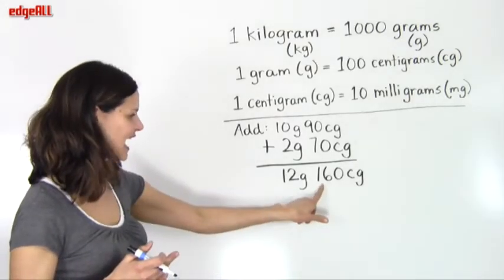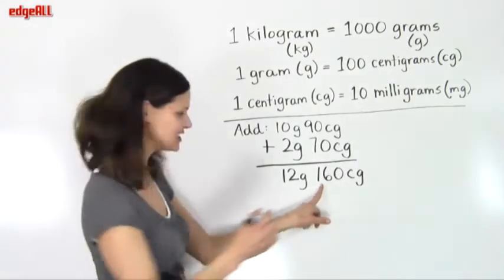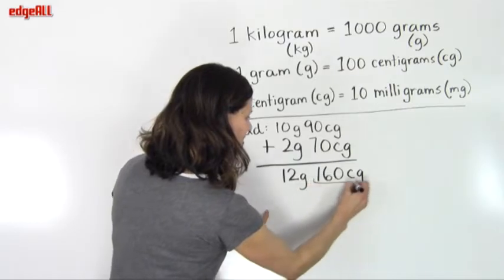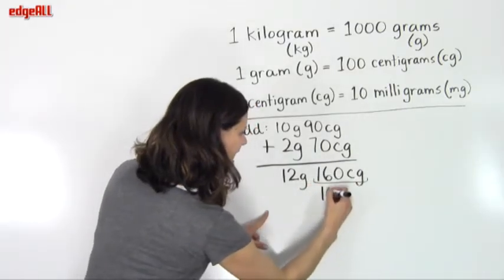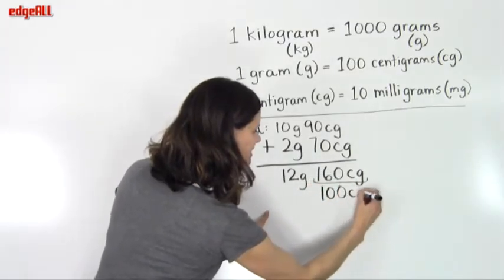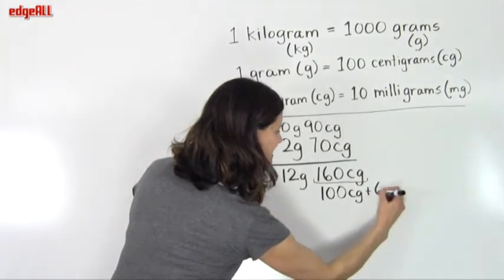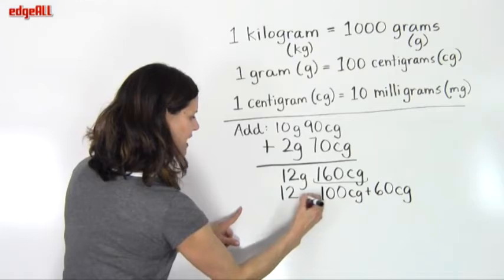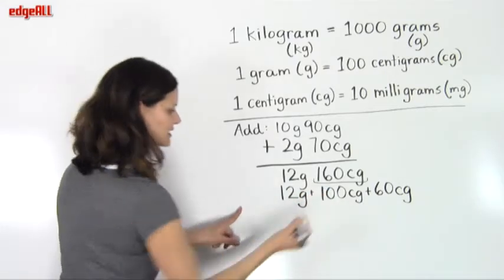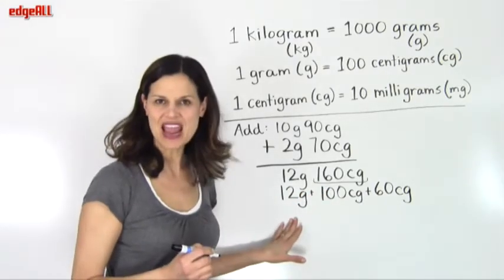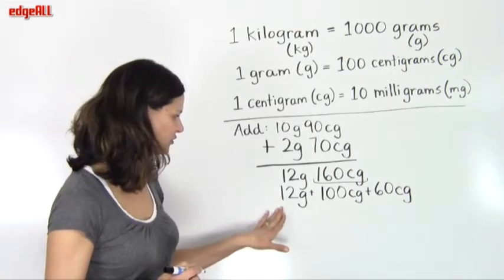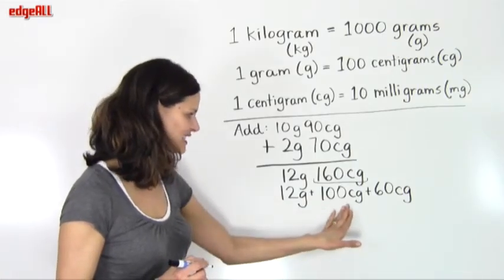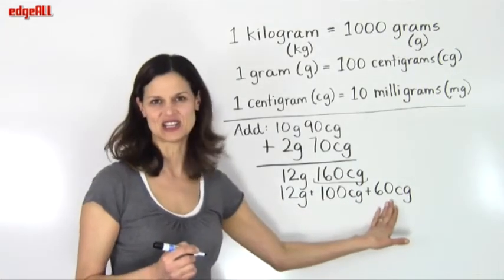When I see that I have 160 centigrams, I can break this up and think of this as 100 centigrams plus 60 centigrams, plus I still have my 12 grams. So I can break my answer into 12 grams plus 100 centigrams plus 60 centigrams.